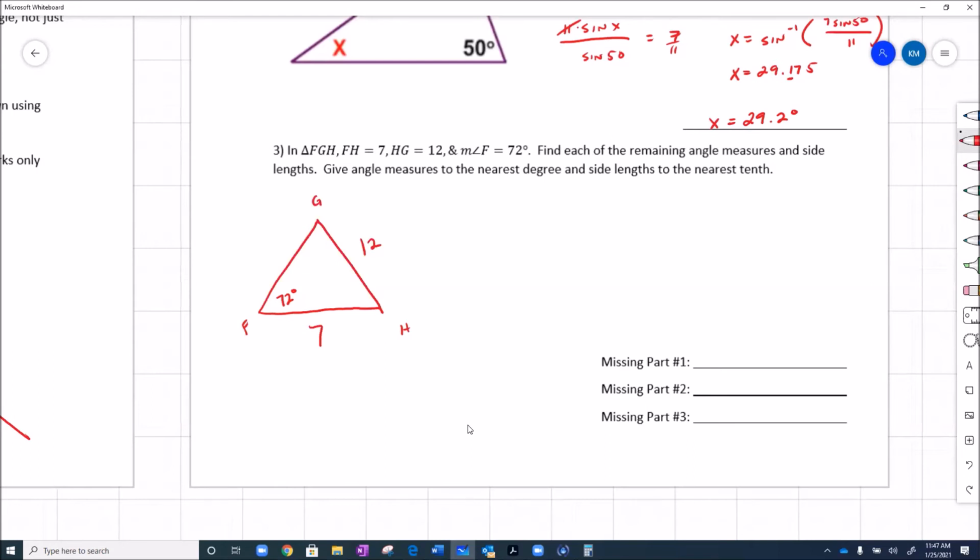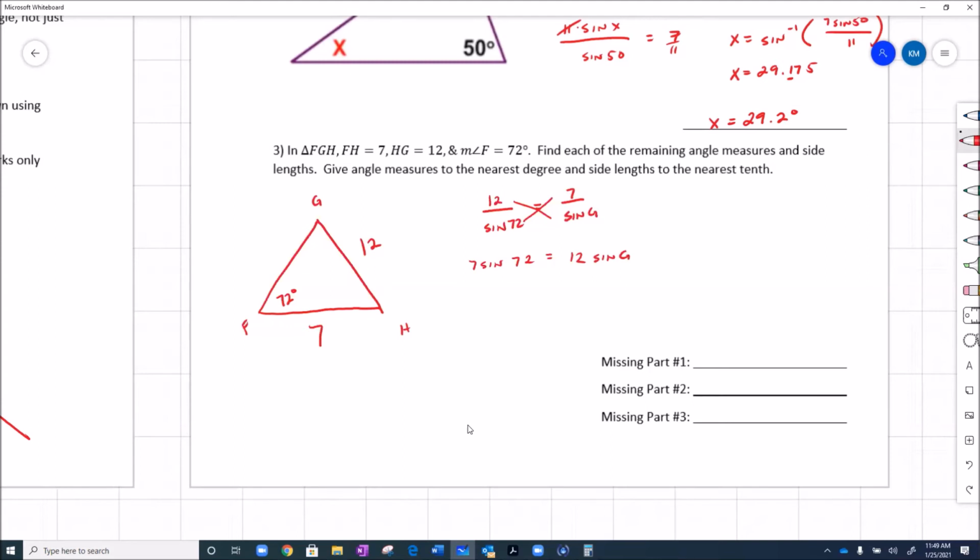So as we set this up, I'm going to say 12 over sine 72 should equal 7 over sine g. I want to find out what g is for this part. So here I can solve this. I'm going to cross multiply. I've got 7 sine 72 equals 12 sine g.